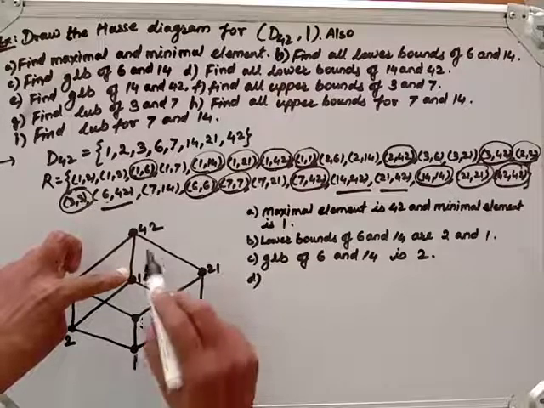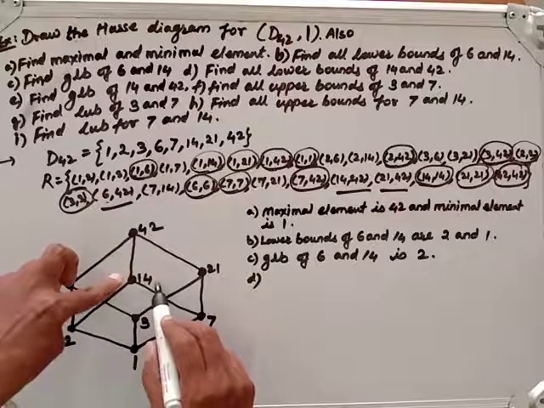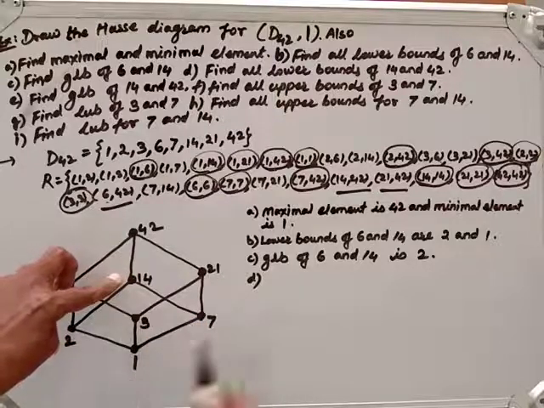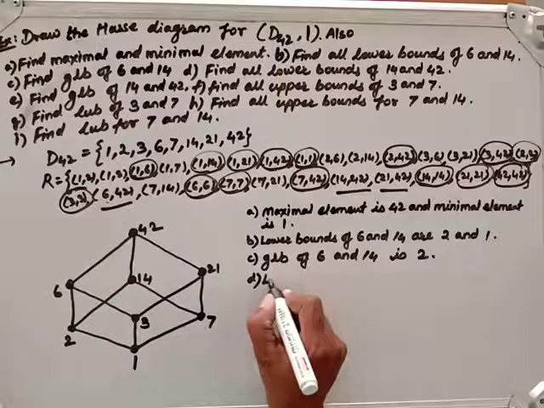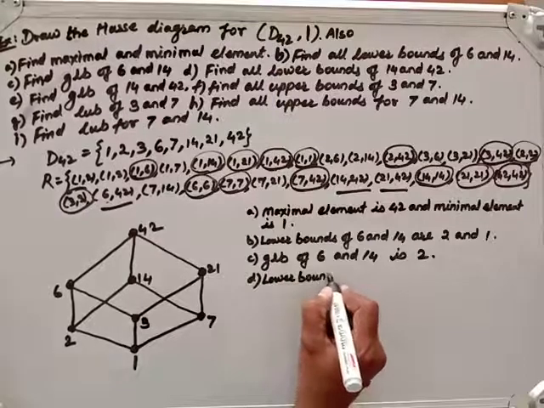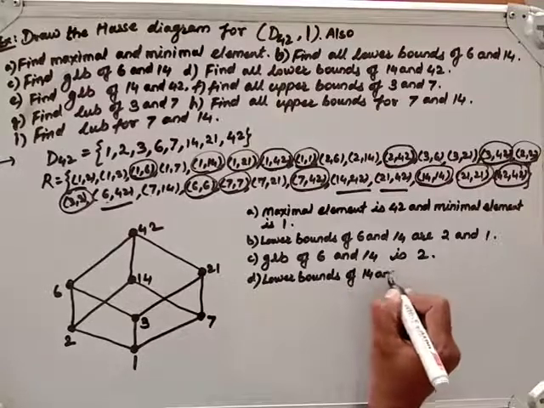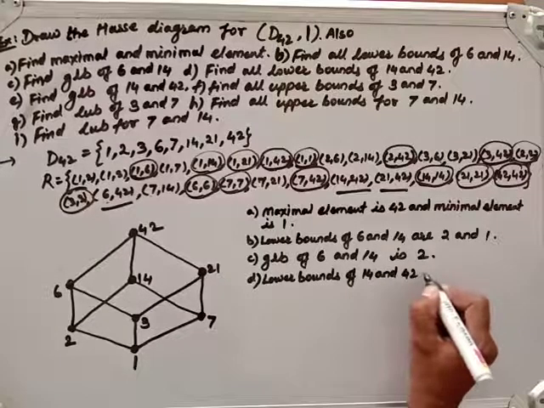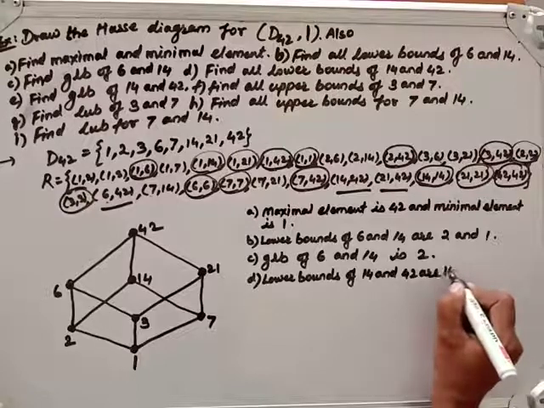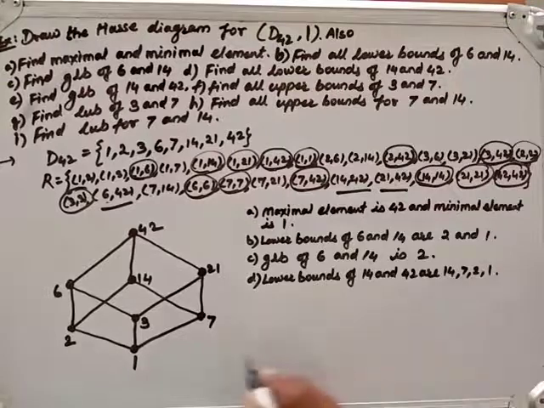Lower bounds of 14 and 42 are 14 itself, 7, 2 and 1.